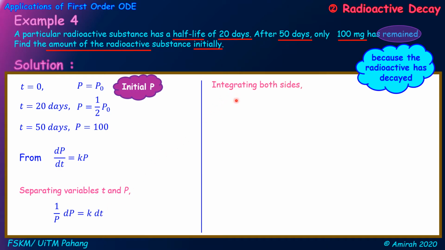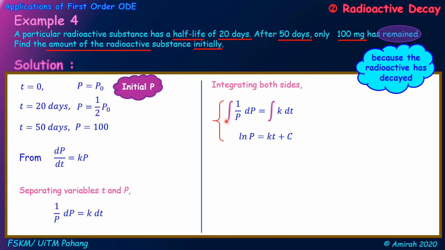And after that, integrating both sides. We put integration sign for both sides, then we integrate left hand side and right hand side. We integrate left hand side, we get ln P, and we integrate right hand side, we get kt plus C.